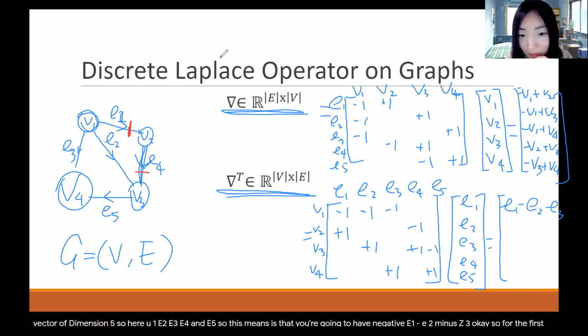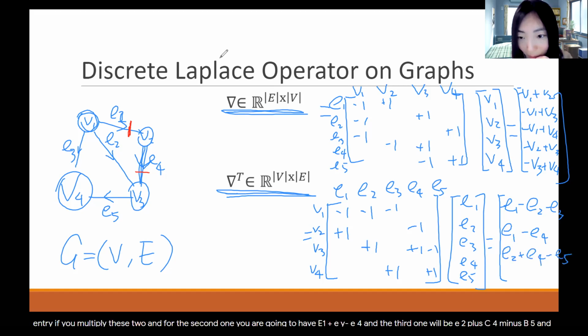For the second one, you're going to have E1 minus E4. The third one will be E2 plus E4 minus E5. And the last one will be E3 plus E5.